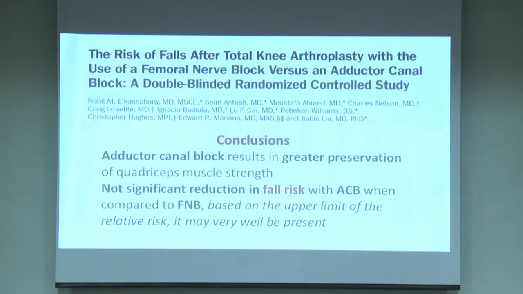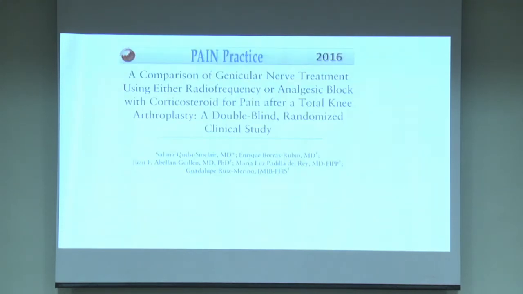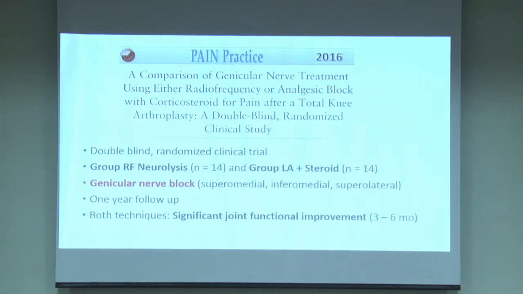We probably have to go a little more peripheral. So the options were coming onto the genicular nerves. Genicular nerves are the finer branches of the major nerves which we normally deal with. Neurolysis of these nerves at the superomedial, inferomedial, and superolateral areas provided significant joint functional improvements.